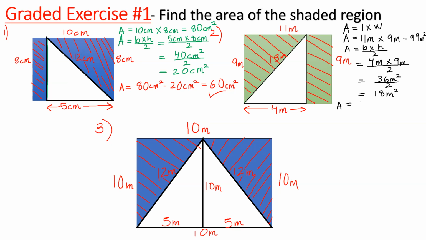So 99 meters squared minus 18 meters squared. And what do we get when we subtract them? 81. 99 minus 18.